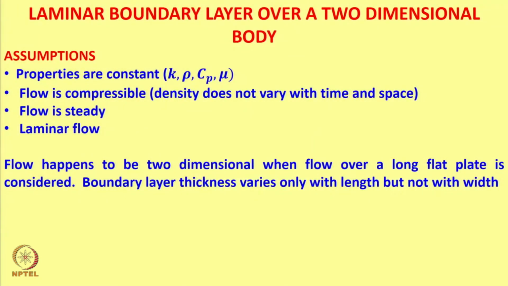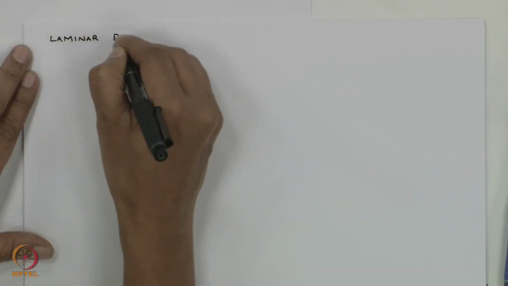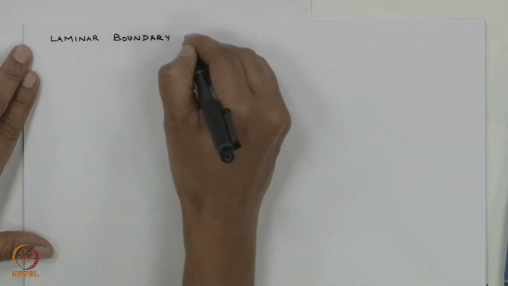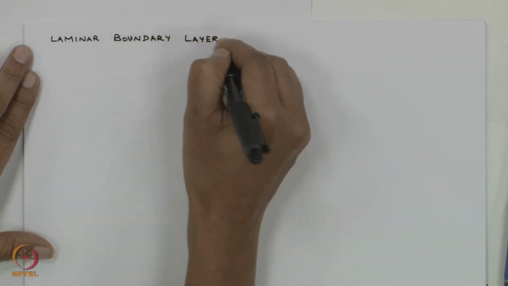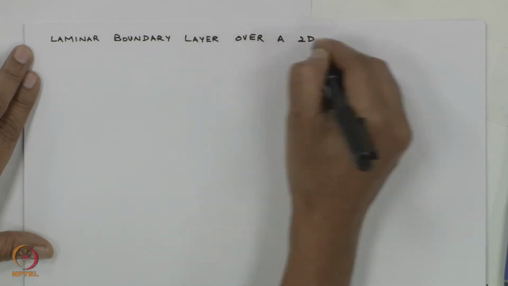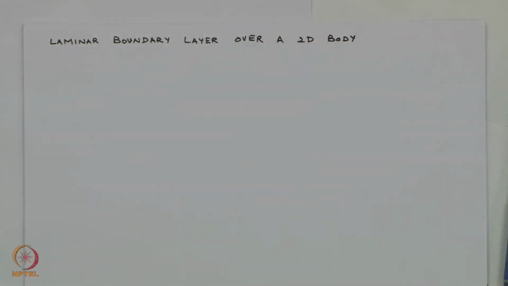So, now what we are going to do in the next slides is that we will first consider laminar boundary layer over a two-dimensional body. Okay.